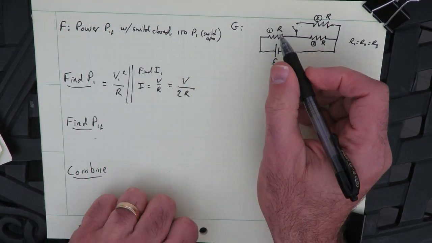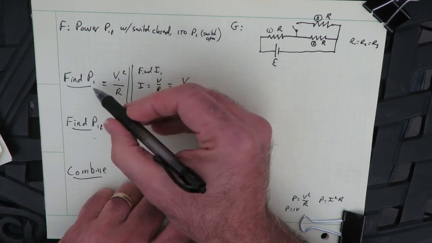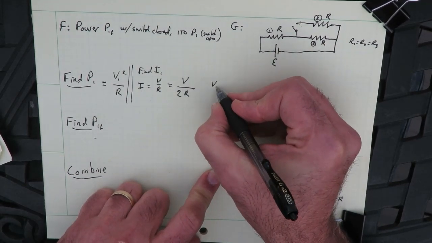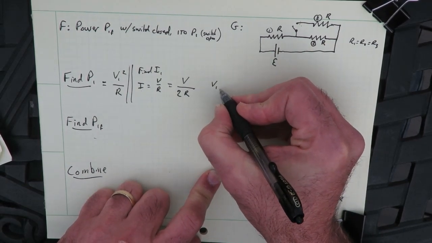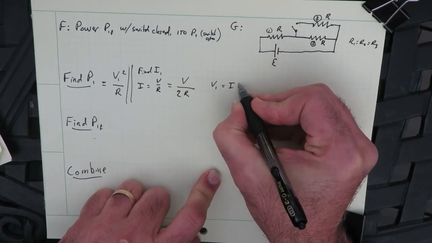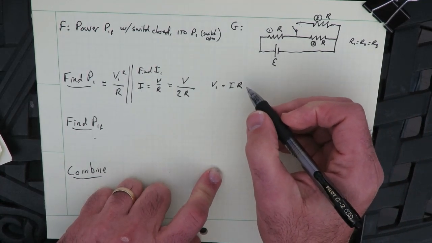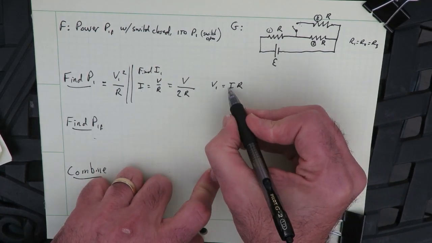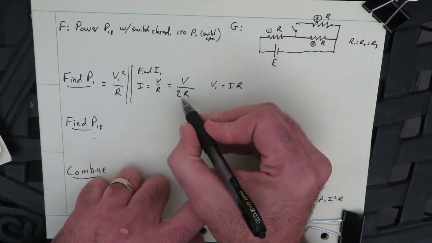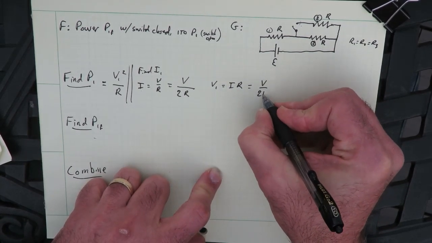So now we want to know the voltage drop across this resistor, because we need that to feed our equation here. So V1 initial is equal to IR, using Ohm's law again. But now we know that the current flowing through that resistor is V over 2R.